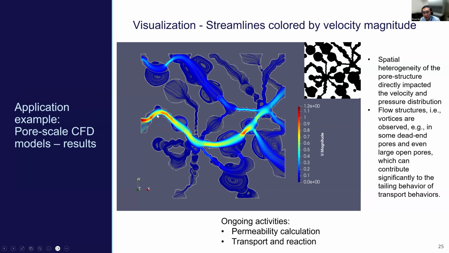Anything that goes in here will move fast, exiting the domain. But if something is trapped by the dead end pores or those isolated vortices here, it will remain longer in the domain. So it would have more time to react, and that can change the whole behavior of the reaction networks.